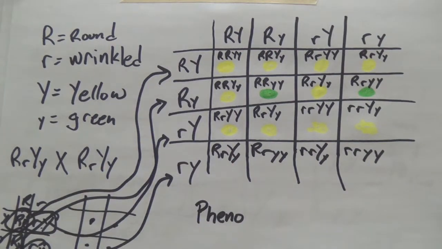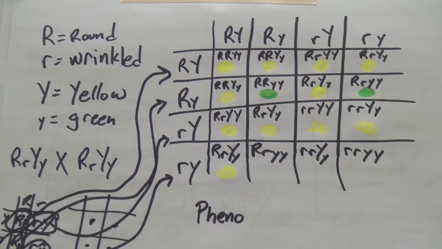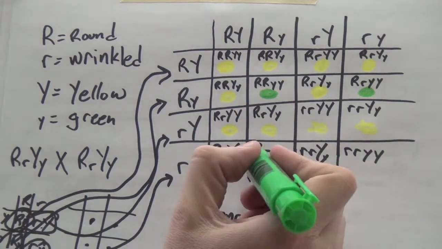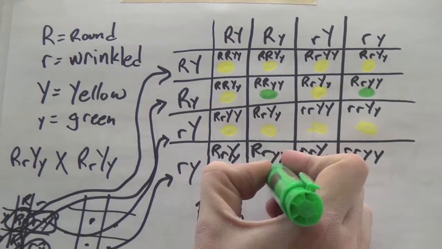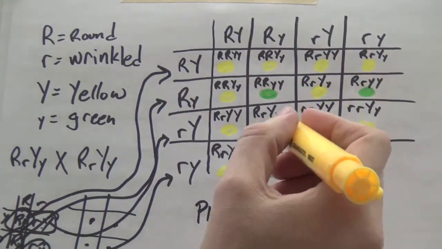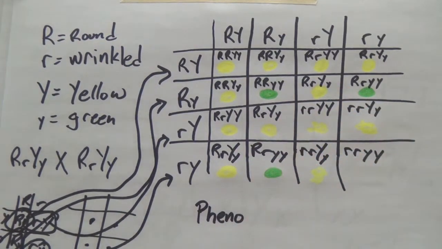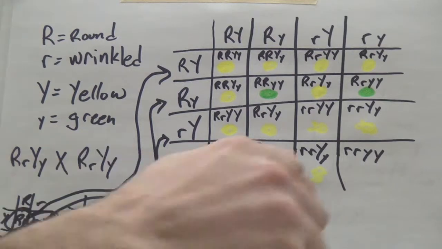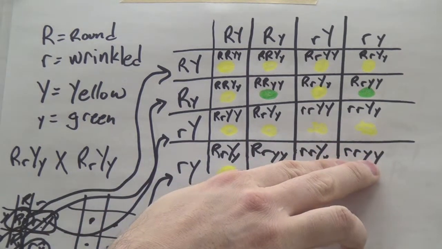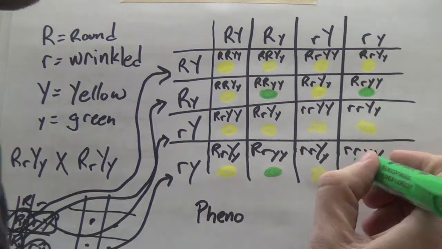Dominant, dominant, dominant, recessive, round, green. Recessive, dominant. So it's going to be wrinkled and yellow. And holy crap, recessive, recessive. It's going to be wrinkled and green.